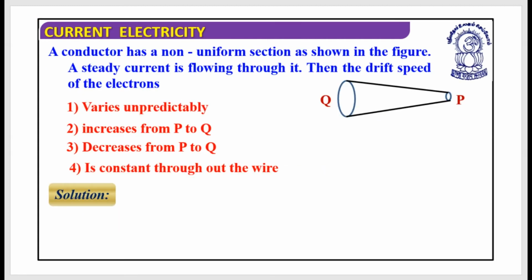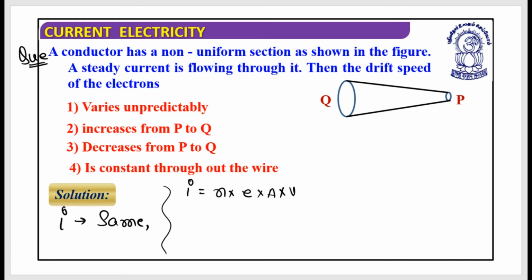What does it say? A conductor has a non-uniform section as shown in the figure. A steady current is flowing through it, then the drift speed of the electrons. As I have been given that my current is the same, and I have the relation I equals N into e into A into Vd.